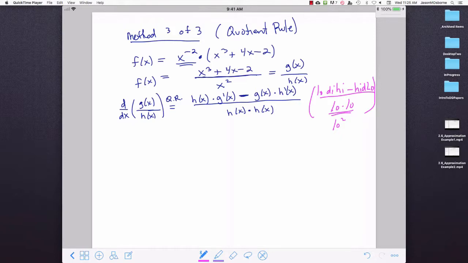Okay, so the lower function, the derivative of the upper function, the higher function, minus the high function, the one that's in the numerator, times the derivative of the lower function. And here we'll call this low squared, h of x times h of x.